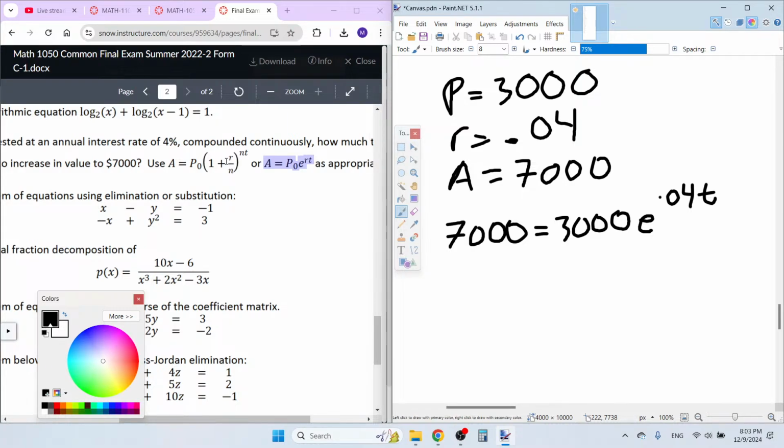So you're not going to be asked to solve for R. You will definitely not be asked to solve for N. Both of those would be kind of out of the scope of the class, kind of too hard to get.